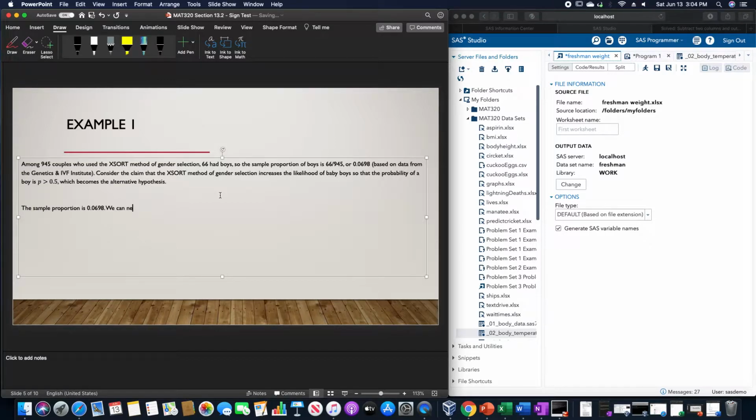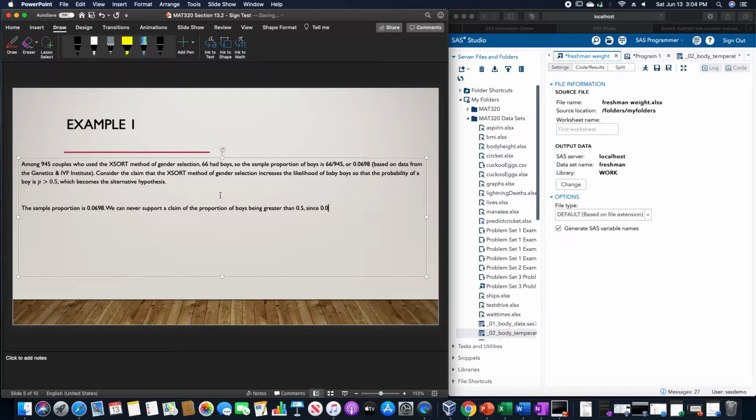We can never support a claim of the proportion of boys being greater than 0.5, since 0.0698 is so much less than 0.5.